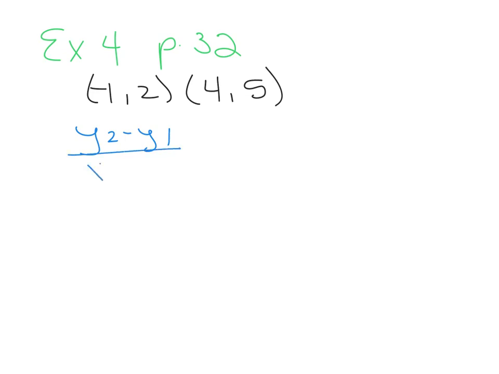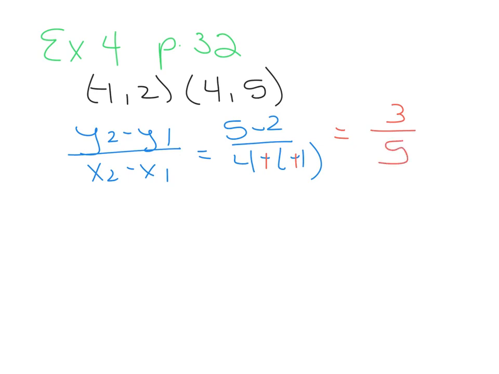y2 minus y1 over x2 minus x1. Don't forget, this is x1, y1, x2, y2. So y2 minus y1 will be 5 minus 2, x2 minus x1, and we've got these double negatives again. So you can change this to positive, and this slope comes out to be 3 over 5, which is a nice fraction for us.